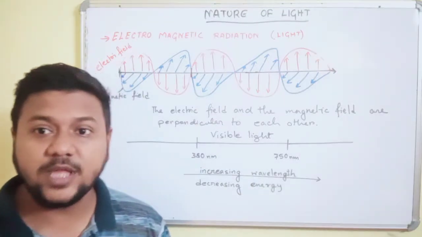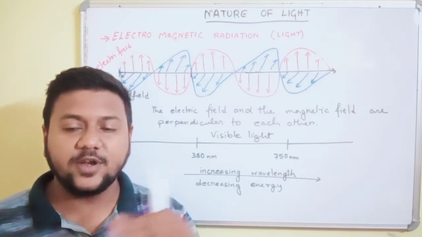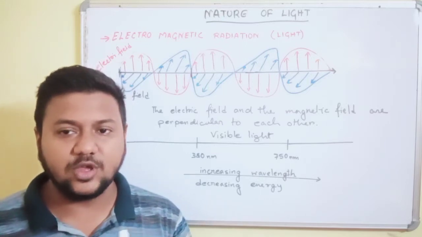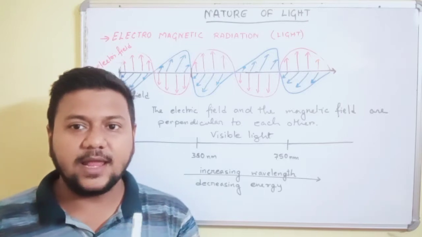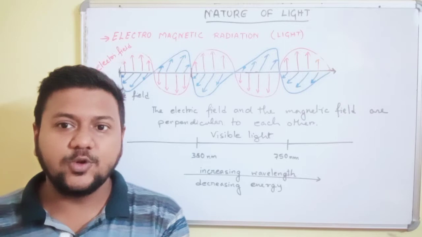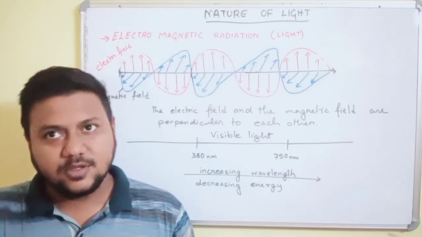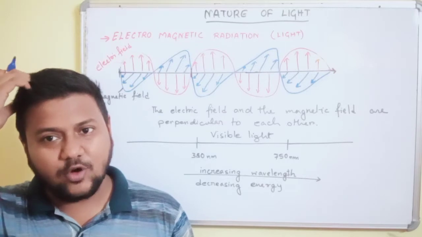We also know that white light has classifications of different colors, right? VIBGYOR, you have learned about it. V for violet, I for indigo, B for blue, G for green, Y for yellow, O for orange, R for red.